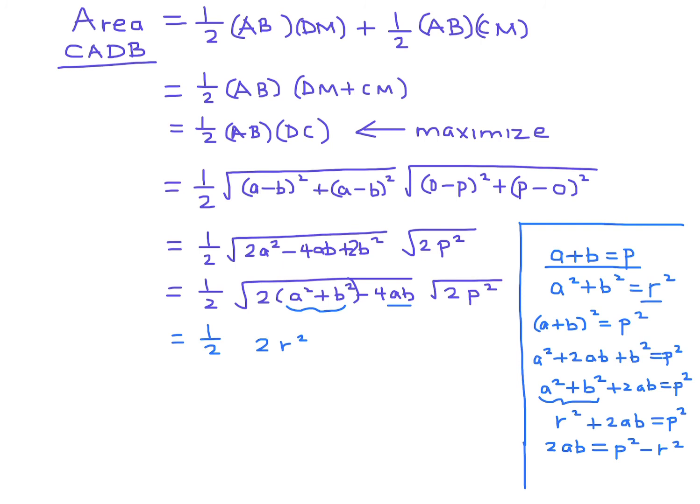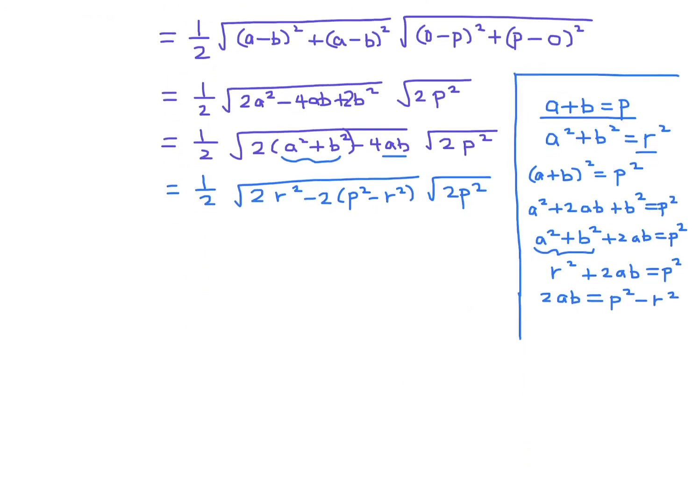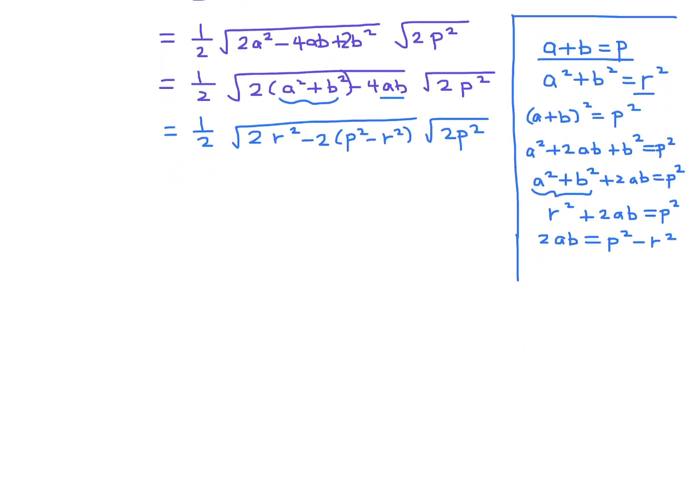So that allows me to get rid of these AB's. Here I had 4AB, but I've got 2AB, so I'm going to multiply that by 2. So this will be basically minus 2 times P squared minus R squared. Okay? And then at this point, we just have this root 2P squared. Okay, so we're getting somewhere. Don't get discouraged. We're getting somewhere.